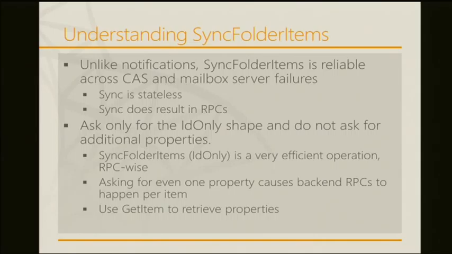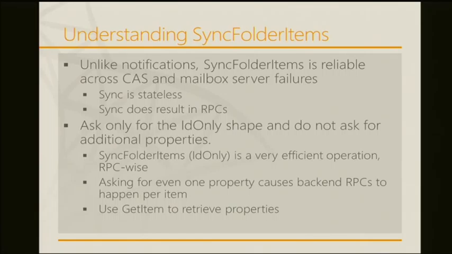In theory it kind of makes sense that you would want to just request all the properties you care about, such as subject or recipients, but you really don't want to do that, because for a given sync folder items request, we do a lot of optimization. So if I do a sync folder items request for ID only, and there's maybe 100 items that have been changed, updated, and deleted, it only costs me one RPC to get that result set back of just all of these item IDs.